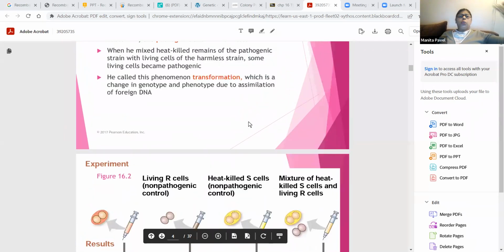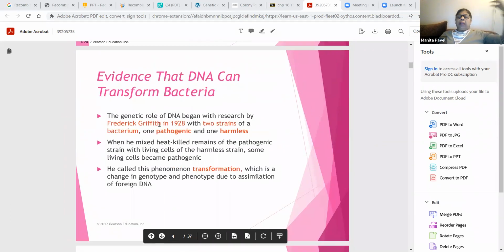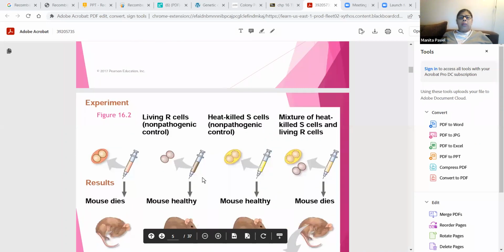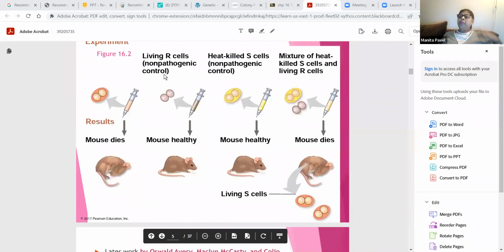But coming to the experiment that Frederick Griffith carried out on the two strains of bacteria, when he took living R cells, which was the non-pathogenic strain which acted as a control, and injected it into the mouse, the mouse was healthy.